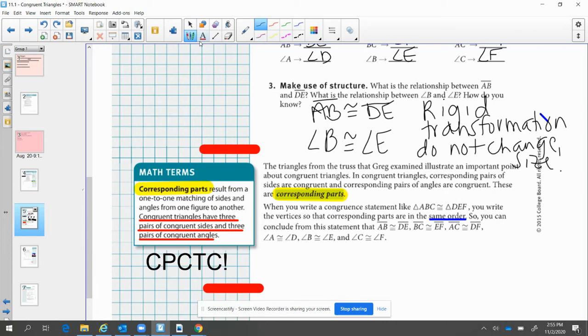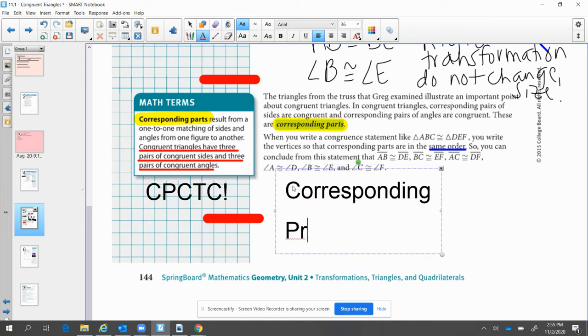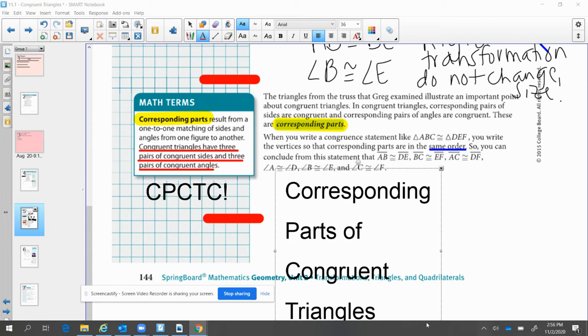Now, you'll also see here this word I have written, CPCTC, and what that stands for is corresponding parts of congruent triangles are congruent.